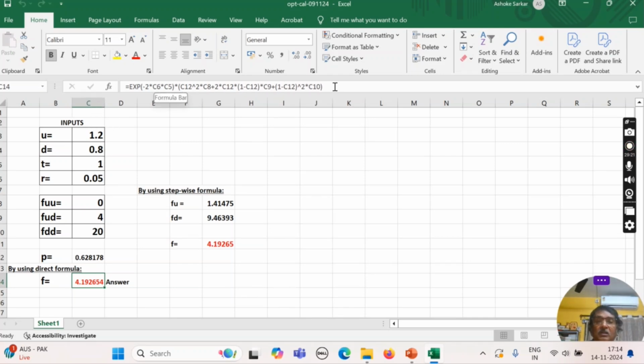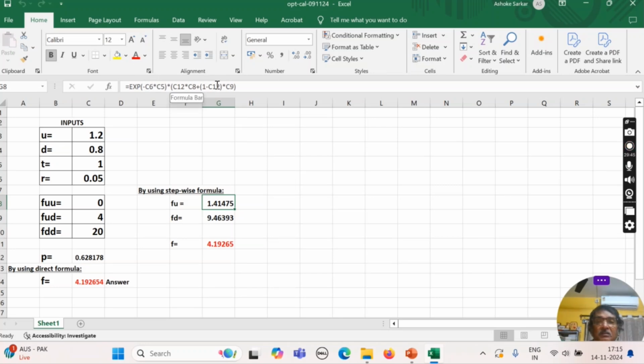You will check slowly, and you can also develop by yourself. And this is the value which we have computed manually also. You can check it, you can note it down: 4.192654. And if you do it step by step, then see, this is the formula for the first step. FU formula is this.